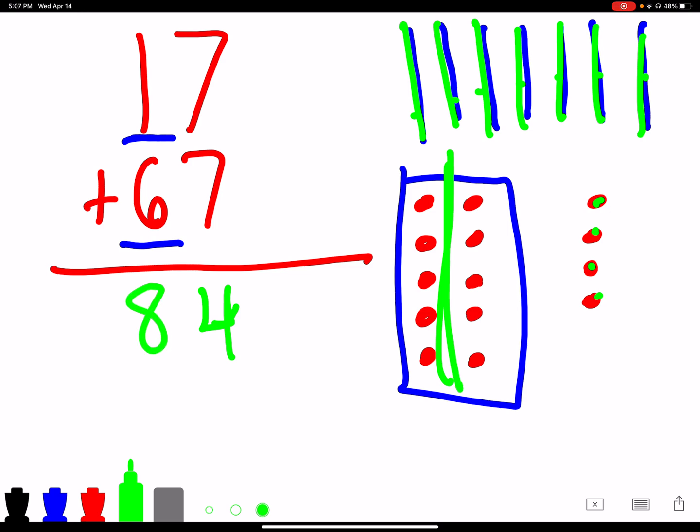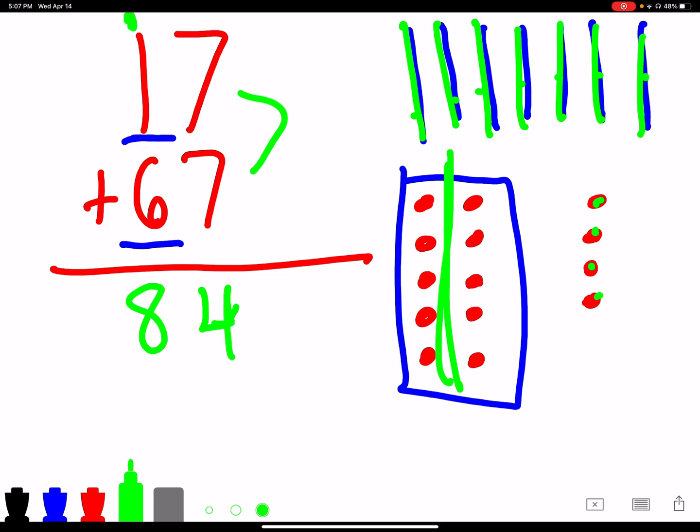And if you want to solve by first starting with addition in the ones place and work your way up, we know 7 plus 7 is 14. So you're going to drag that 1 over, and 1 plus 1 is 2, and 2 plus 6 is 8. Okay, so that's one of the ways you can solve a double digit addition.